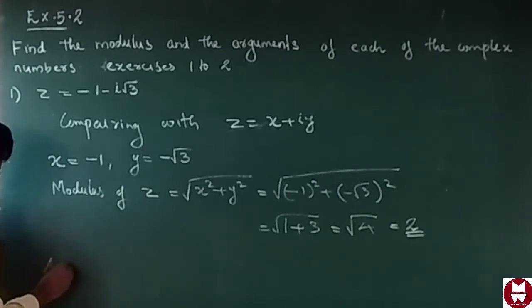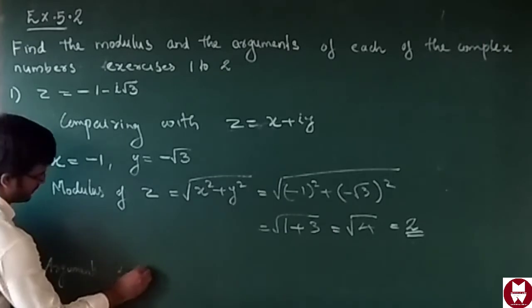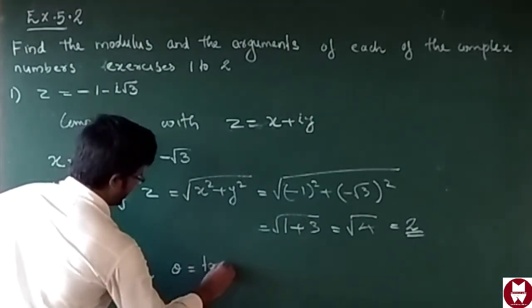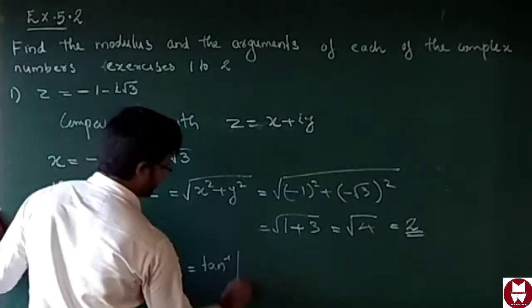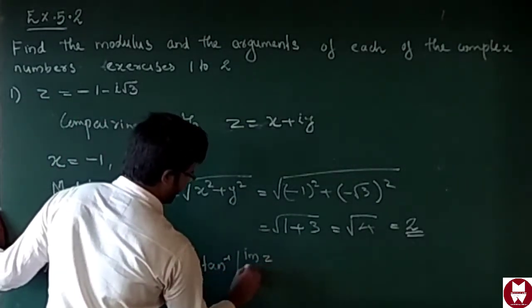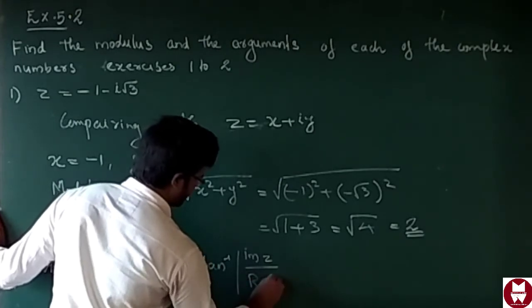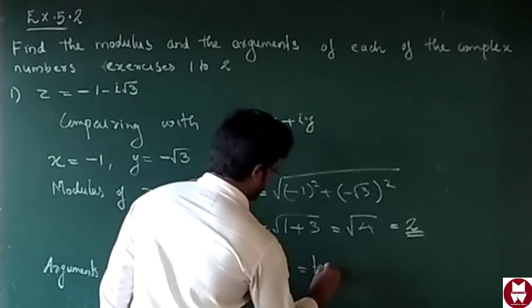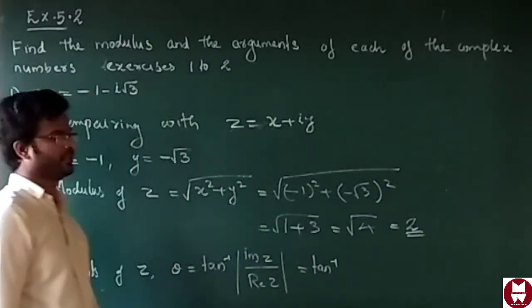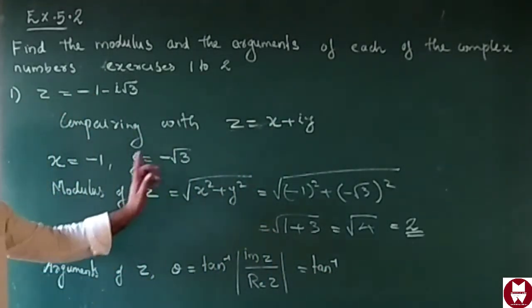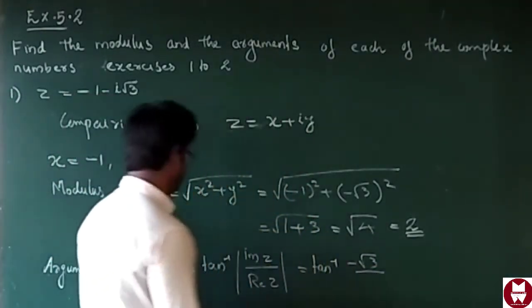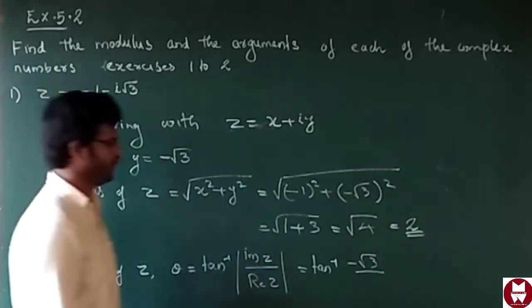Next, the argument of z. That is theta equal to, the formula is tan inverse of the imaginary part of z over the real part of z. What is the imaginary part in here? The imaginary part is minus root 3 divided by the real part, -1.